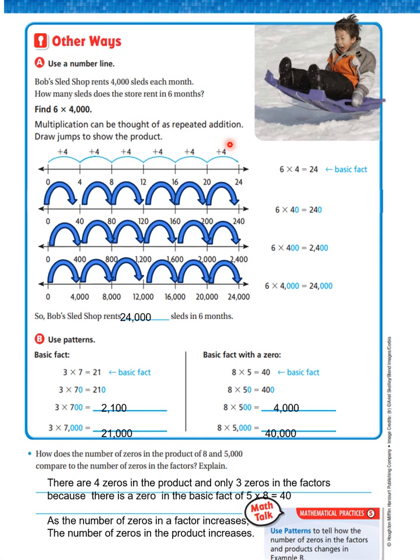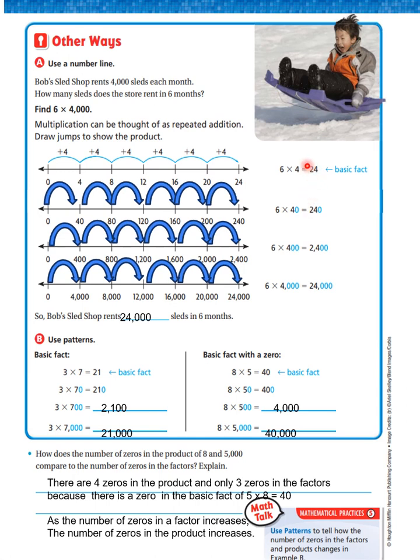Now, each of these number lines, what's happening there is each number line is 10 times greater. So I'm going to add a 0 to the 4 to make 40. 6 times 40, because 40 is 10 times greater than 4.